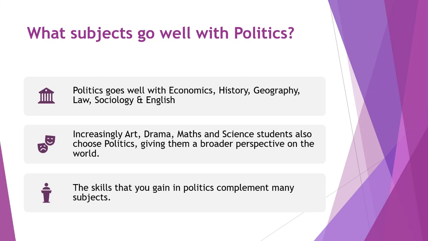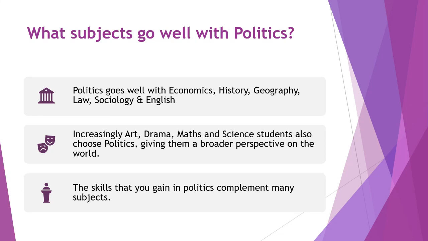Those of you who enjoy English, particularly English literature, the skills you develop, the critical thinking skills, the questioning skills, the writing skills, are excellent for all of the social sciences. But it doesn't really stop there. Lots of students who are interested in art and drama will be attracted to politics. I have a student at the moment who's going for a drama course, and he's going to write an essay about political satire as part of his application process.